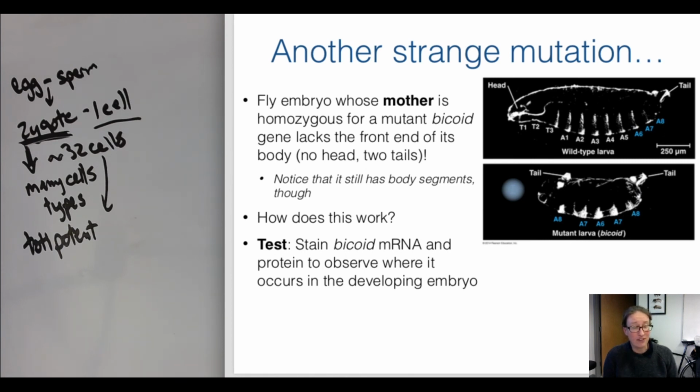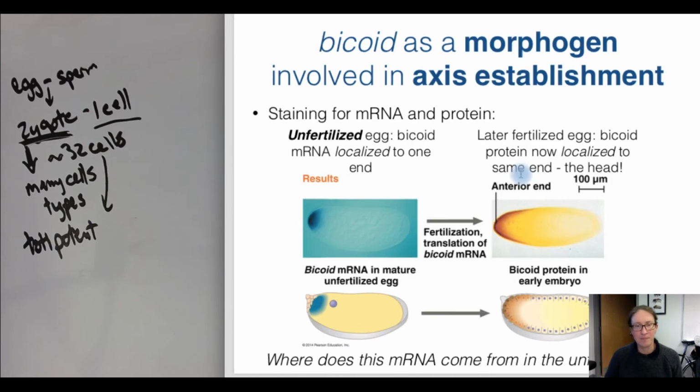So, then geneticists really wanted to know, okay, well, how does this work? So one step for getting there is to come up with some stains that will let you label and locate where the messenger RNA is for this gene product and where that protein is, to see where it is present inside of a developing embryo.